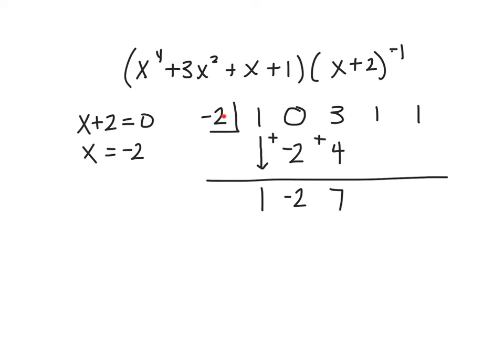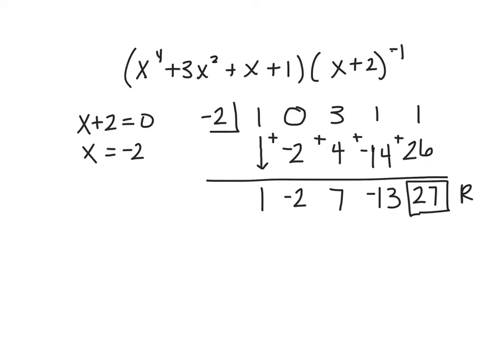Again, multiply negative 2 times 7 to get negative 14. Add those together to get negative 13. And then last step, negative 2 times negative 13 is positive 26. Add those together to get 27. So this right here is my remainder.